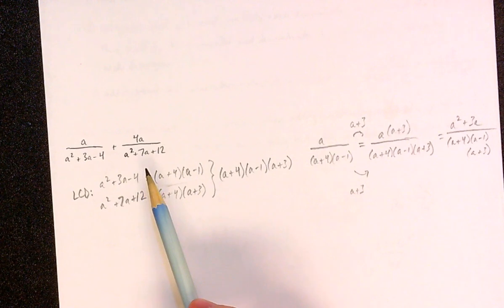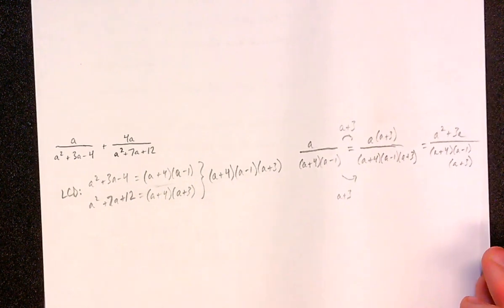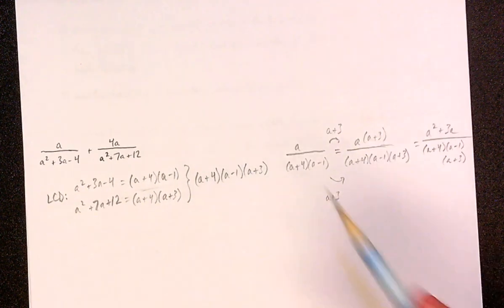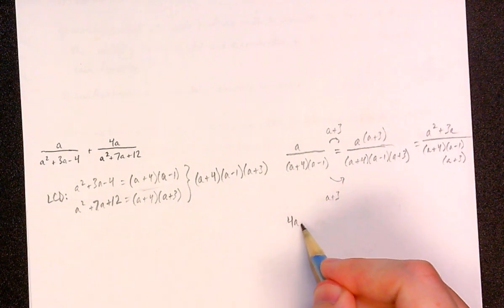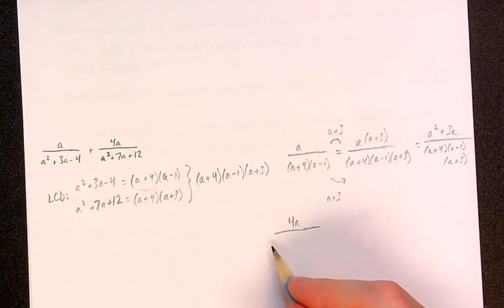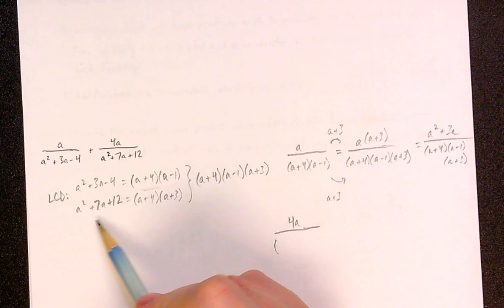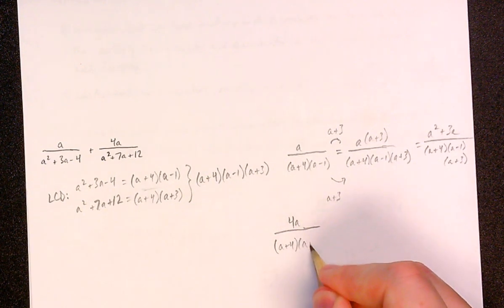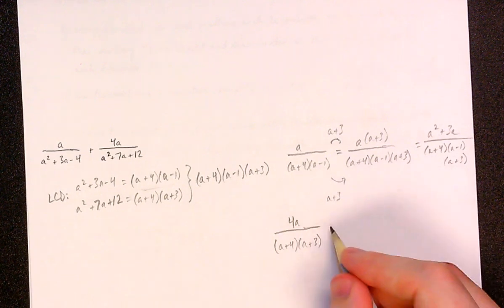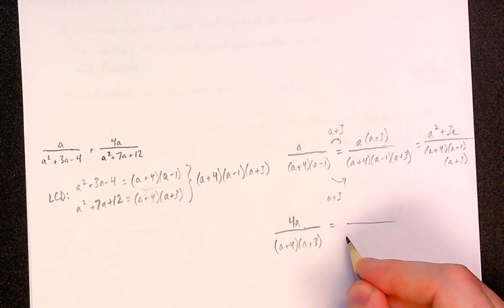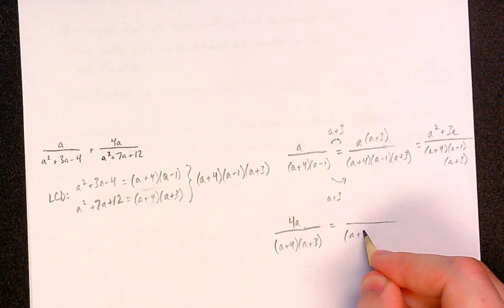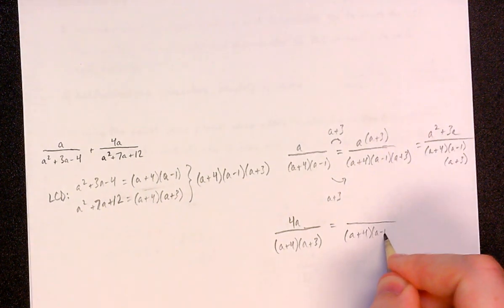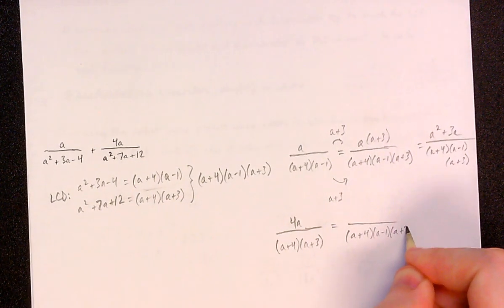Now, same kind of thing with the second rational expression here. We have the 4a divided by, and now the a squared plus 7a plus 12 was the a plus 4 times the a plus 3, and this has to equal something divided by a plus 4 times a minus 1 times a plus 3.